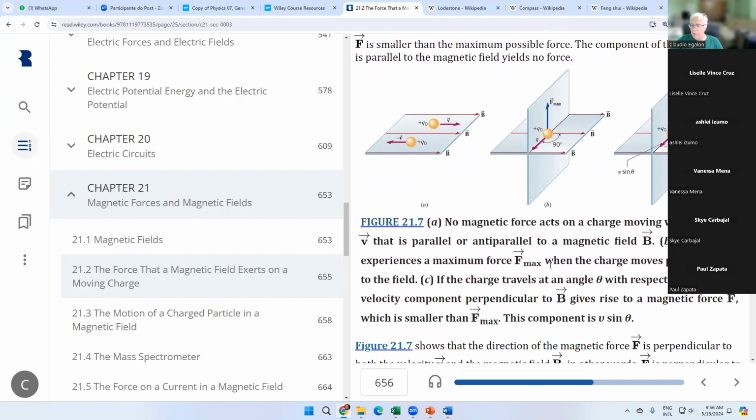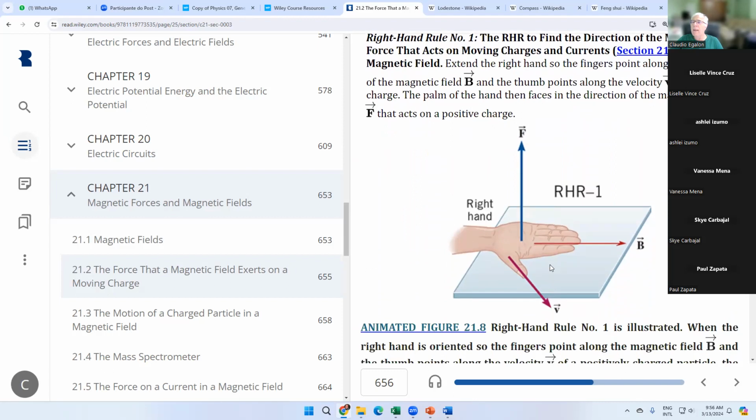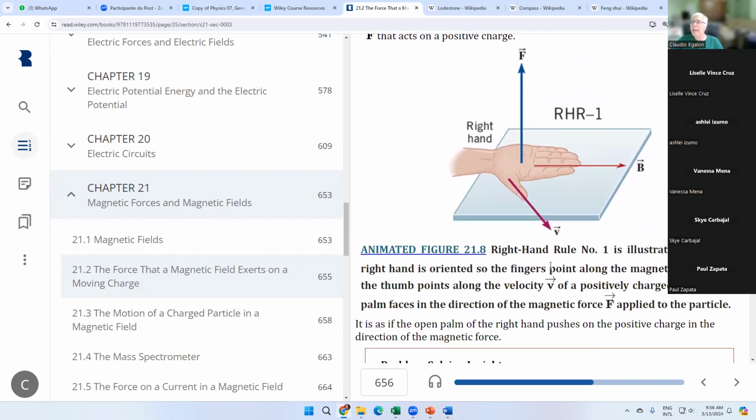And let's take a look at the right-hand rule. Here you go. He displayed the right-hand rule in a slightly different way. V first, B next. The result is going to be exactly the same.